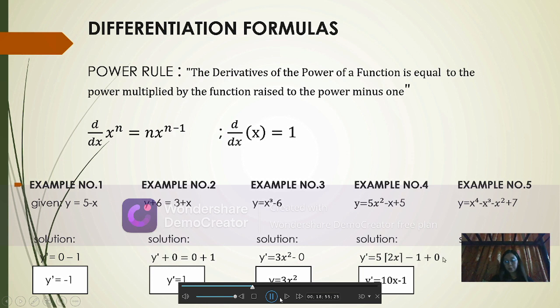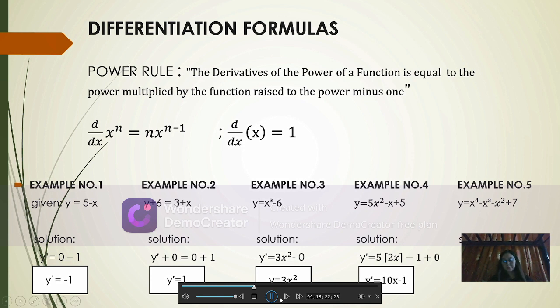So, kaya naging sagot is 10x minus 1 kasi pinag-times natin yung 5 and 2x. Kaya naging 10x. So, the answer is y prime is equal to 10x minus 1.